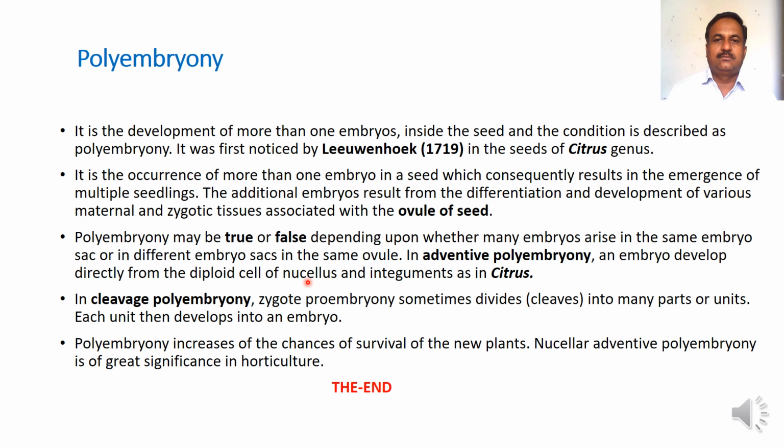In cleavage polyembryony, the zygotic proembryo sometimes divides, cleaves into many parts or units. Each unit then develops into an embryo. Polyembryony increases the chances of survival of new plants. Nucellar adventive polyembryony is of great significance in the field of horticulture.